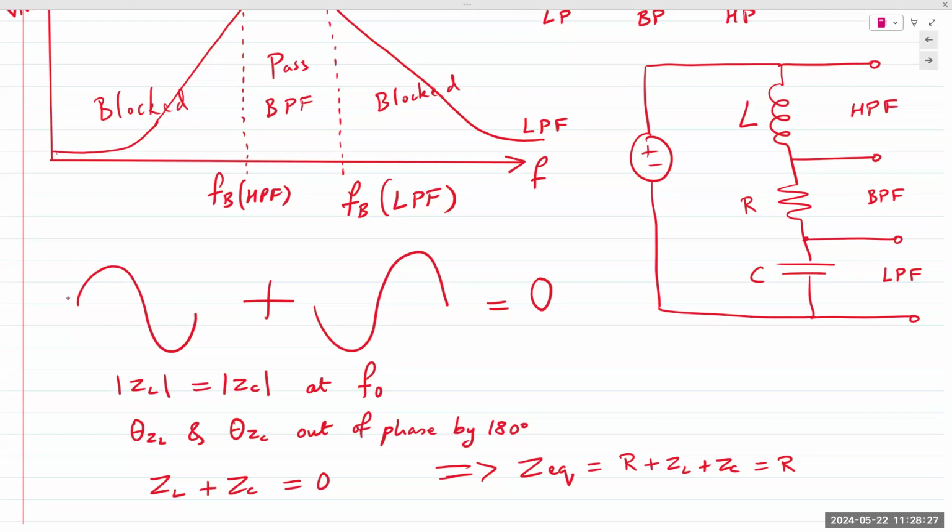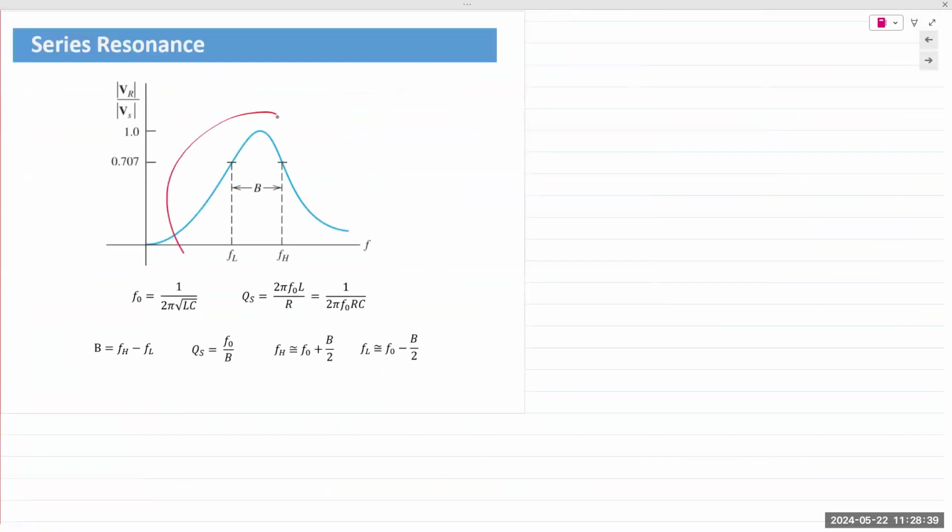For all other frequencies lower than F0 and higher than F0, the output is much lower. And so you obtain a curve that looks like a bell. It represents the frequency characteristic of a band pass filter.